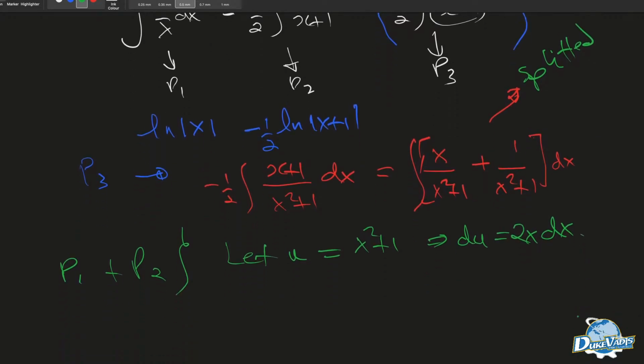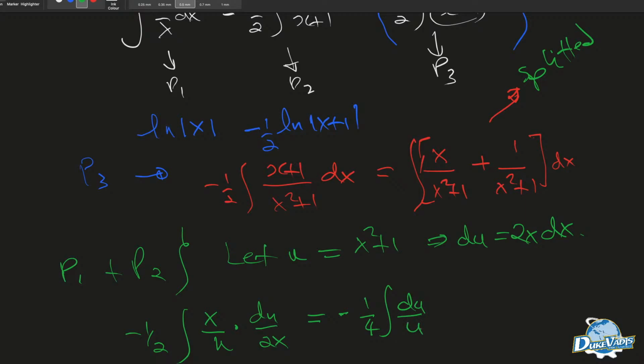When we substitute into the equation, we get minus half out, we have our x over u times du over 2x. And that simply will give us negative 1 over 4 integral du over u.